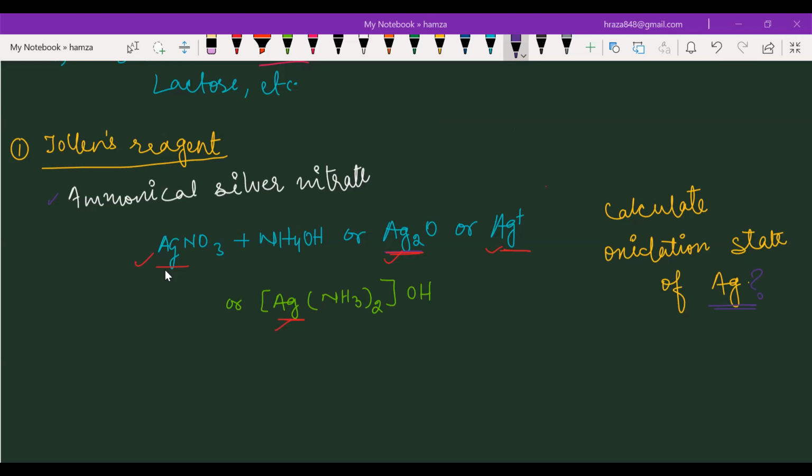So please let me know the oxidation state of silver, Ag, wherever it is present. Okay.